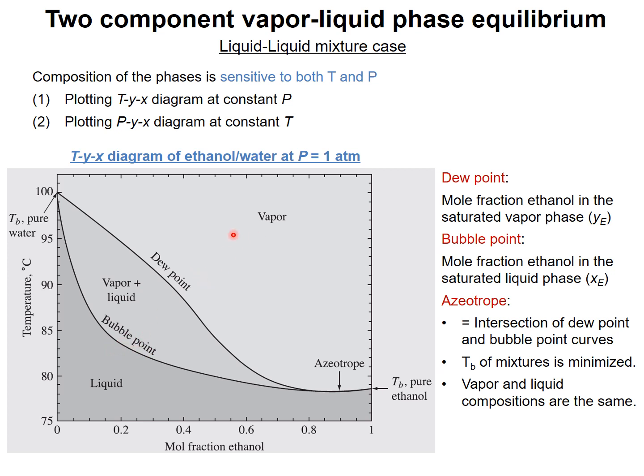Okay, when we go from the vapor phase into the two-phase region, then at this boundary you will meet the first liquid droplet in the vapor. So what is a liquid droplet in air? It is called dew. So this line is called the dew point line.